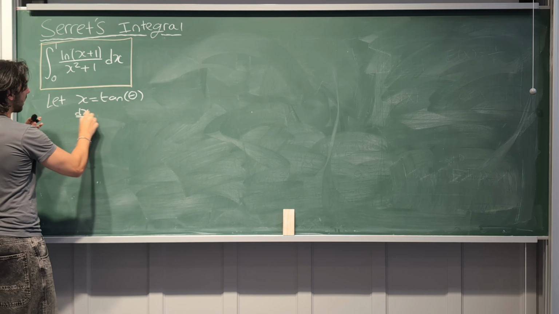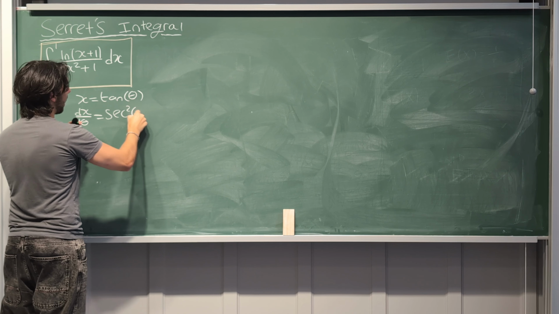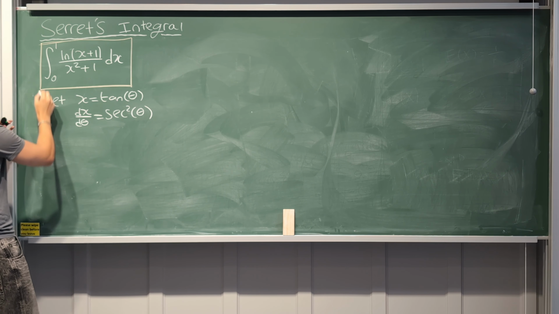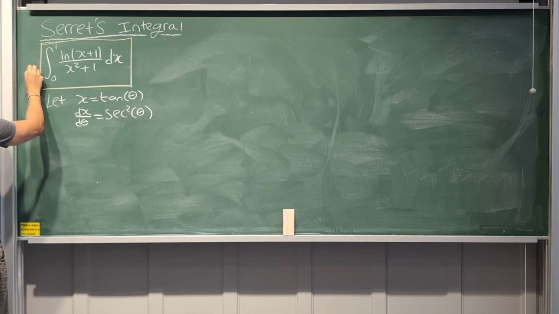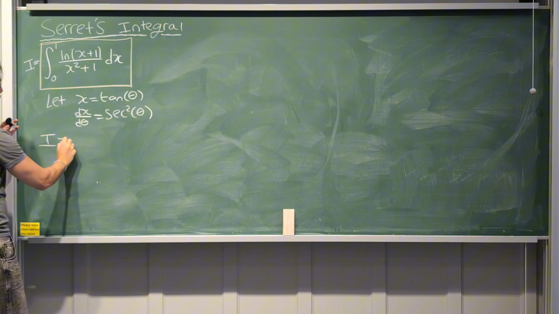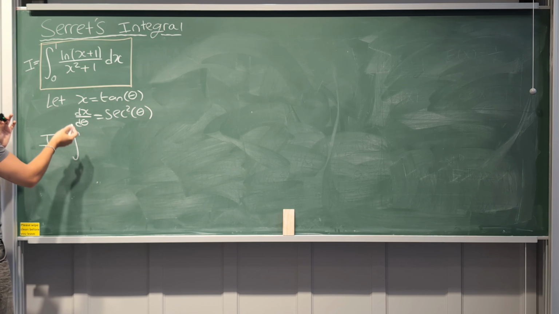So dx d theta is sec squared theta. And let's rewrite the integral. By the way, I'm going to call the integral I, just so I can easily refer back to it. So I, the integral that we're trying to find, is now equal to the integral, and let's do our limits of integration.